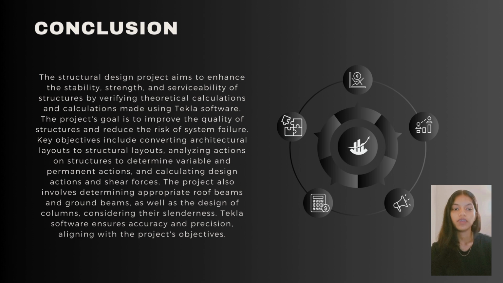Key objectives include converting architectural layouts to structural layouts, analyzing actions on structures to determine variable and permanent actions, and calculating design actions and shear forces. The project also involved determining appropriate roof beams and ground beams, as well as the design of columns considering their slenderness. Tekla software ensures accuracy and precision, aligning with the project's objectives.